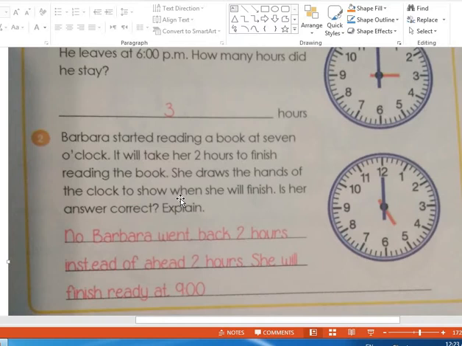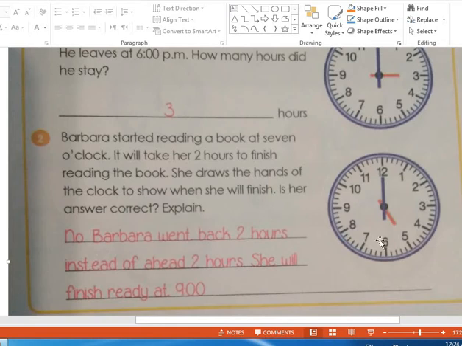So, after 7, 8, 9. I count on my hand. After 7 by 2 hours, so 8, 9. So she has to finish reading the book at 9, right?